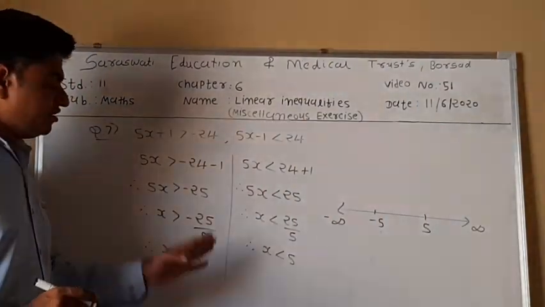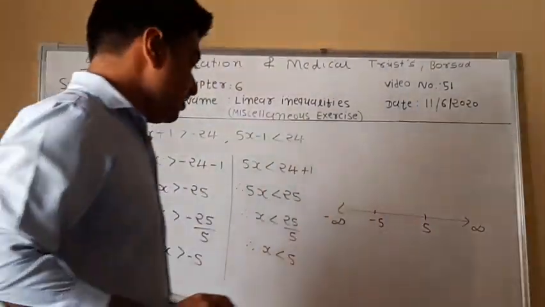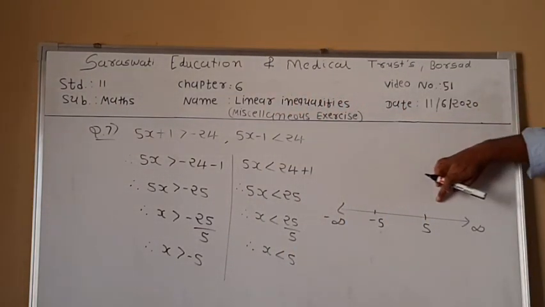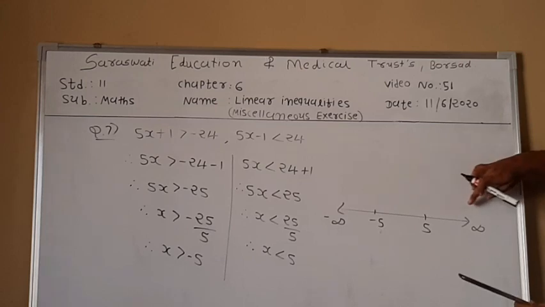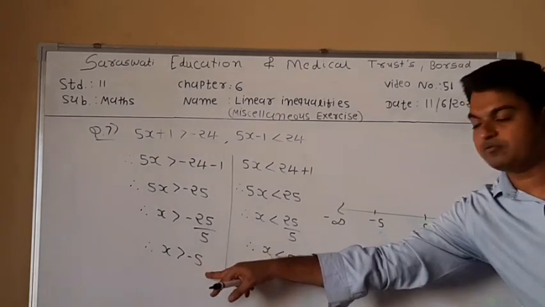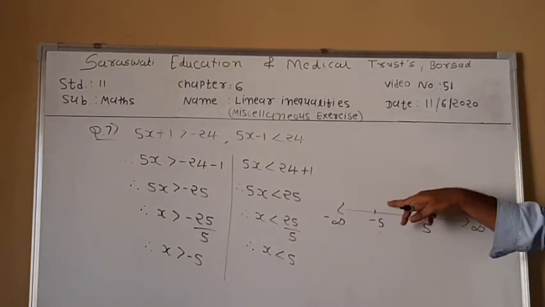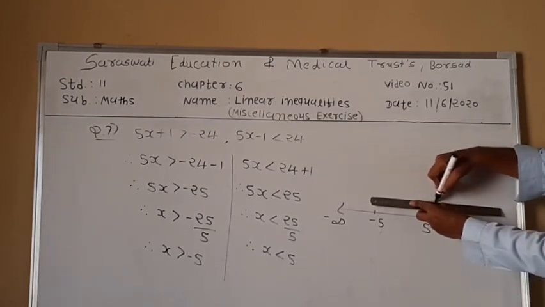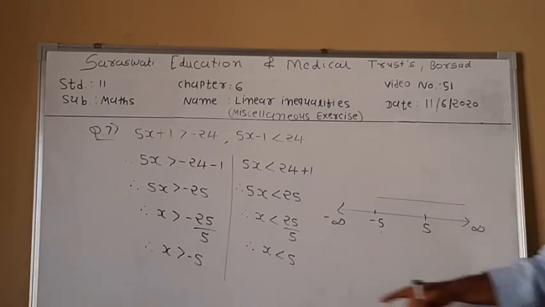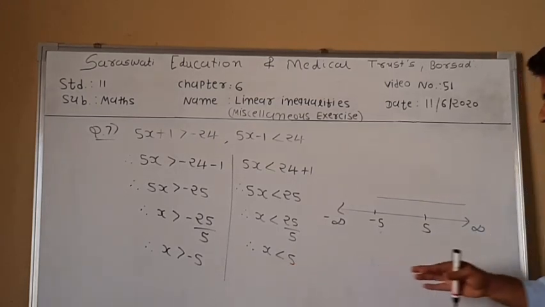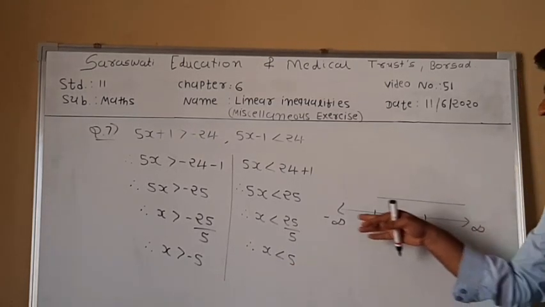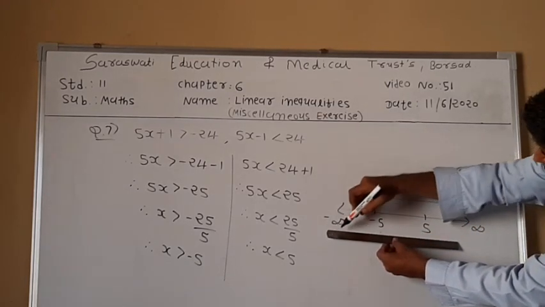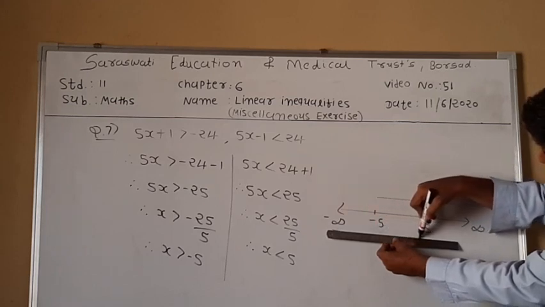Now x greater than minus 5 means the arrow is going towards the right side of minus 5, and x less than 5 means 5 is present here and the arrow goes to the left side.